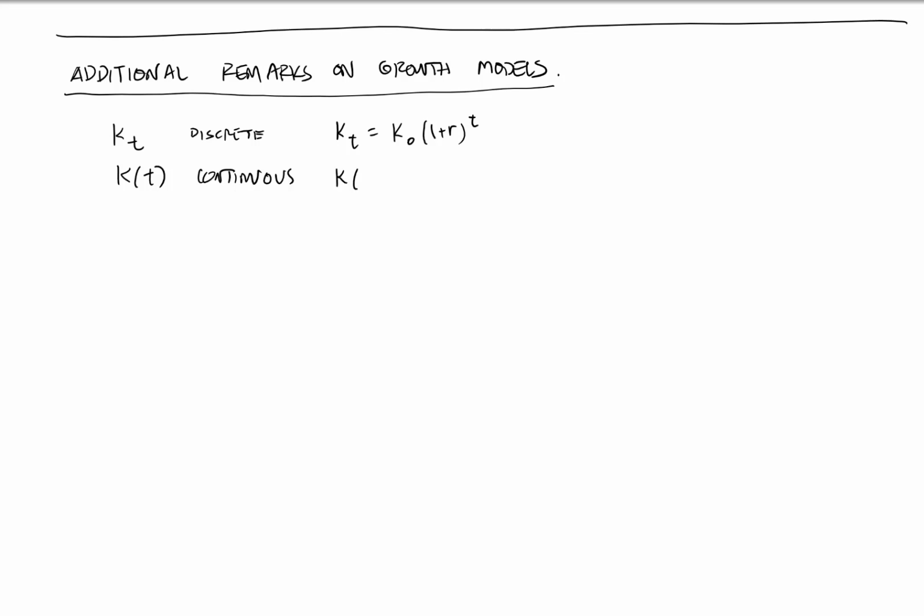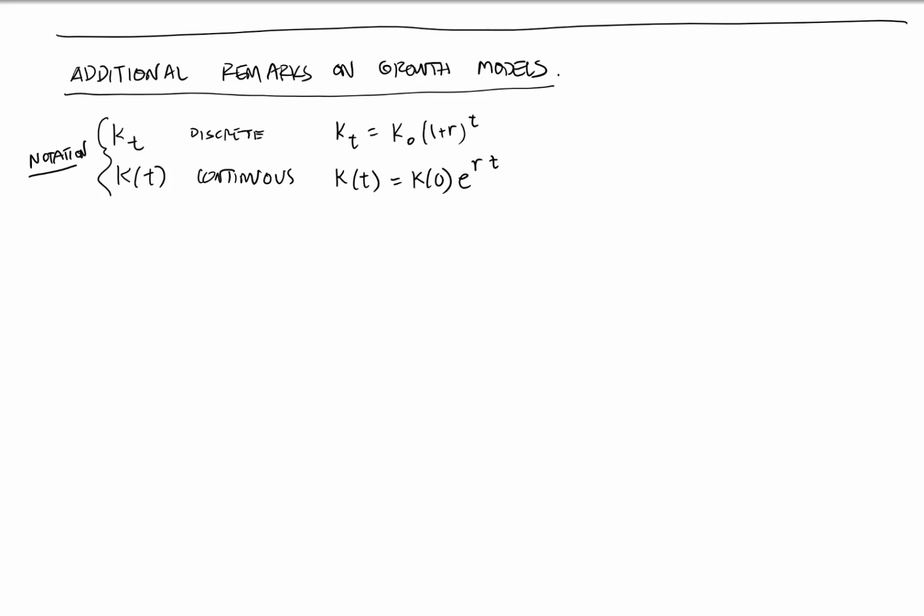I'll say k of t equals k of 0 e to the rt. So I will attempt to be consistent about that. So this is a notation, and let's see how long I can stay with that. So that's my first remark.